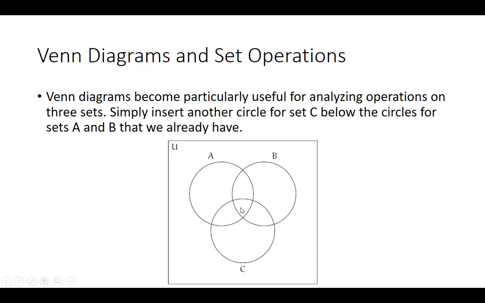The most middle area is the overlapping of all three sets, A, B, and C. Then there's an area that's just shared by A and B, an area that's just shared by B and C, and an area that's just shared by A and C.